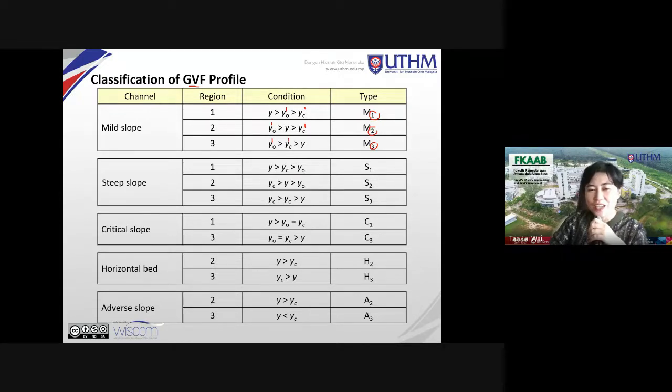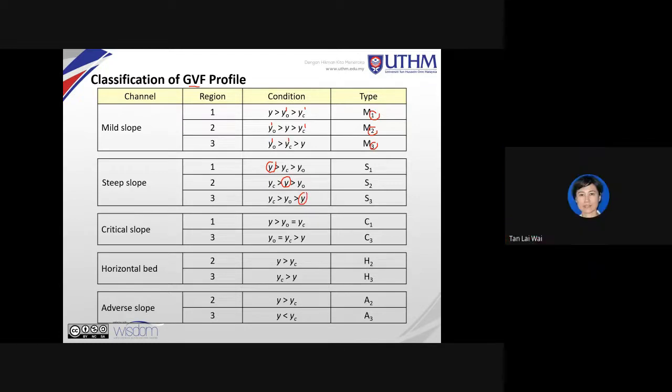If you look at this, I'm arranging in order of which is greater. Of course, steep slope is when YC is greater than Y naught, or Y naught less than YC. So I'm arranging all the depths in descending order.